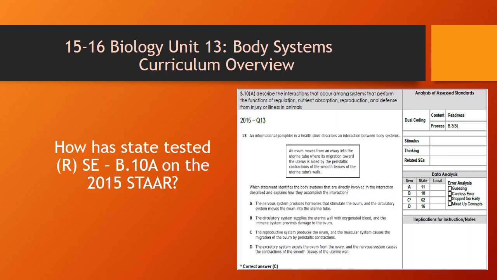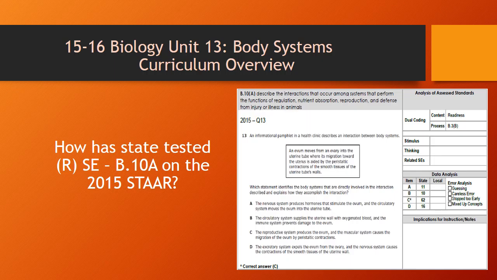And as you go through the questions, you will see that the questions are relevant to certain pieces of the SE. So when we look at this question, it talks about an ovum moving from an ovary into the uterine tube. And anytime we start seeing those type of vocabulary terms, ovum, ovary, uterus, we know we're talking about reproduction.